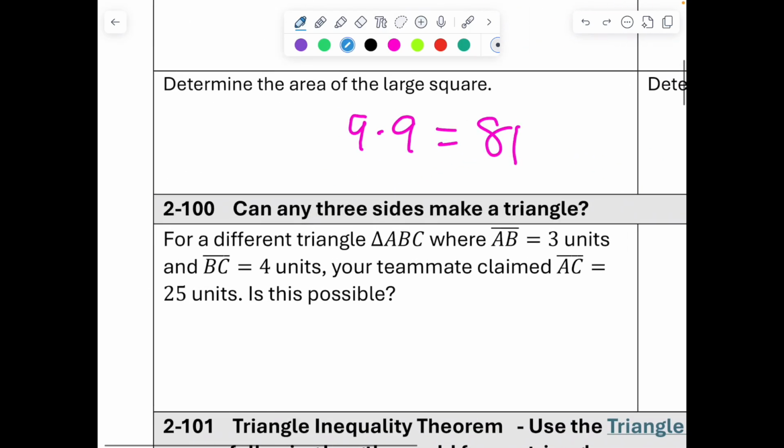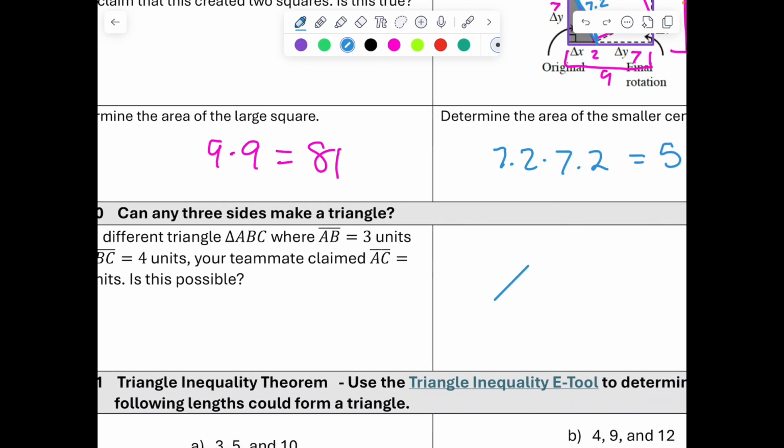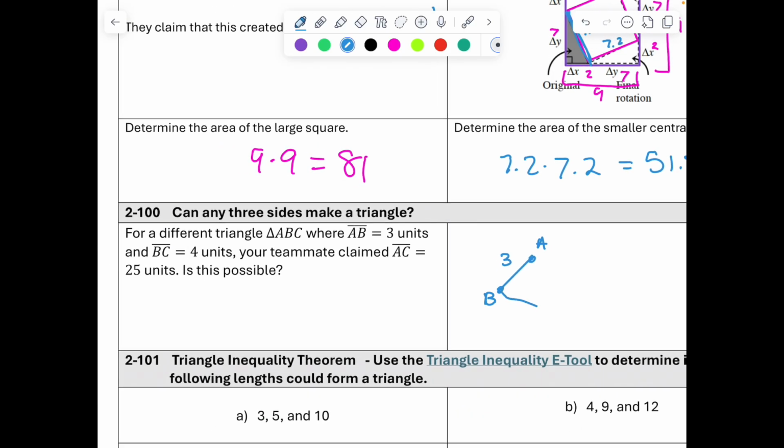So, for a different triangle, ABC, let's make ABC. AB is 3 units, so AB, that's 3 units. BC is 4. And then we need to figure out, or it says our teammate claimed that AC is 25. Oh my gosh, if we somehow made that 25, okay?